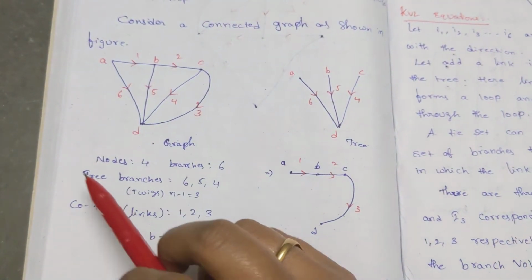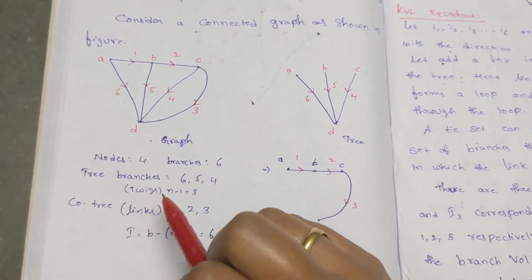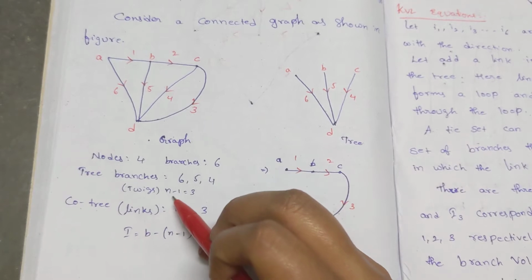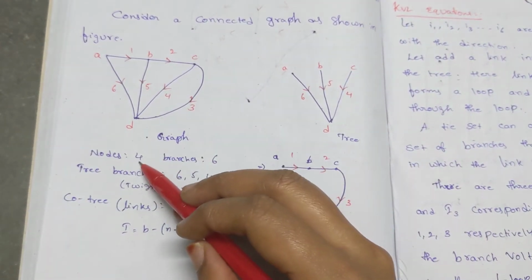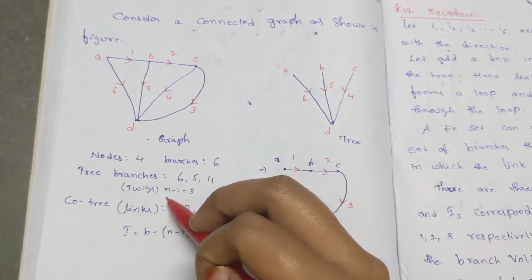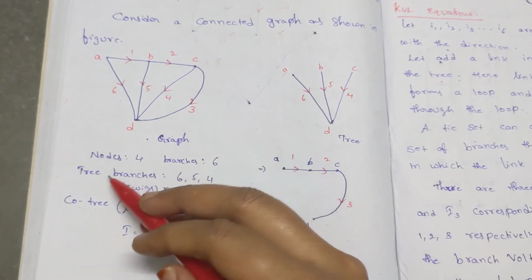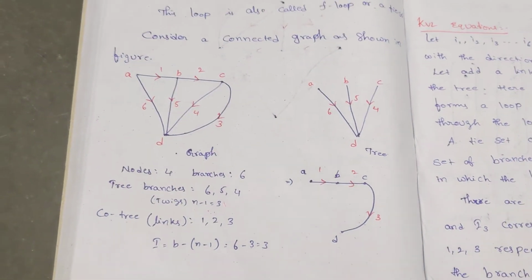To get the number of branches for the tree, we use n minus 1. With 4 nodes, 4 minus 1 is 3. That means any tree should have 3 branches.